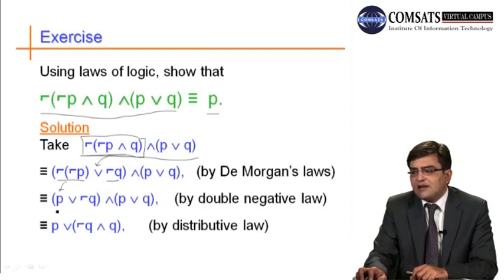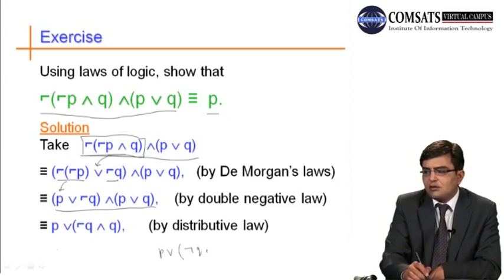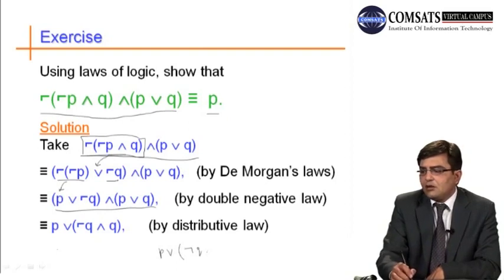Now we can apply the distributive law. We know that the distributive law is P or (not Q and Q), which is equivalent to (P or not Q) and (P or Q).